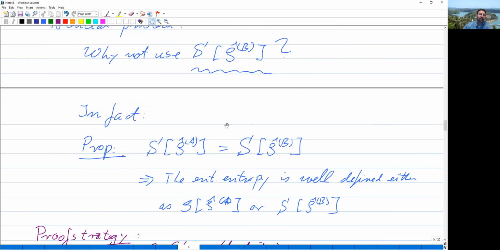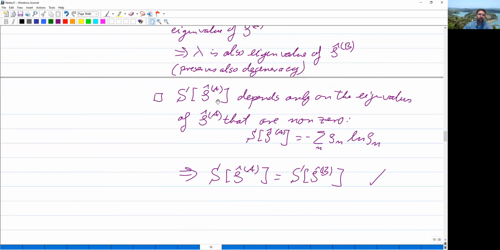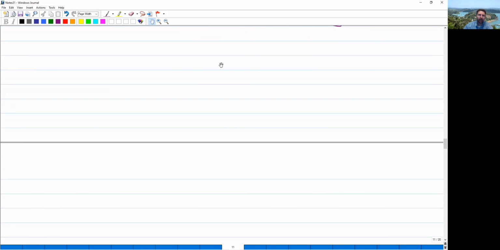Now, there is another way in which you can quantify how much two subsystems are entangled, and that other way doesn't require that you diagonalize the density matrix.